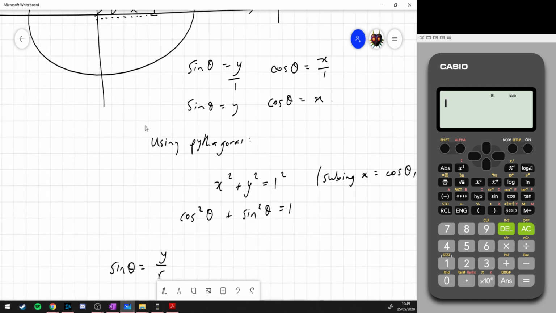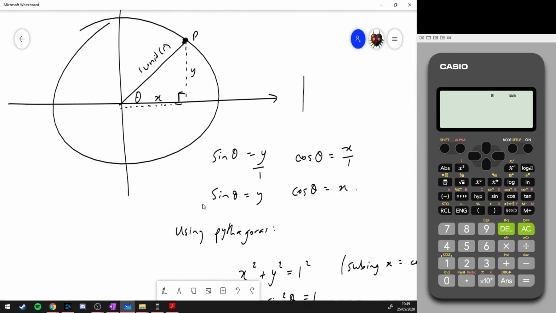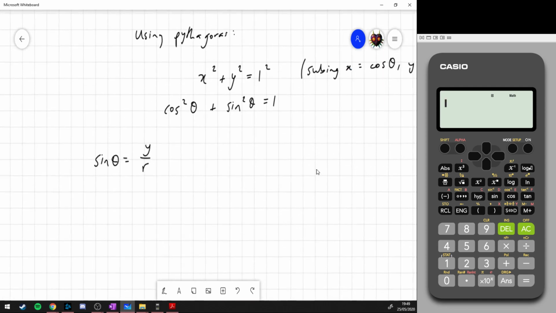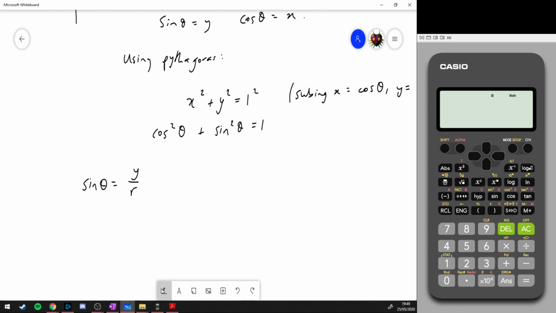So what I'm saying is, instead of this being 1 unit up here now in my circle, we're going to say this is any unit r. So the radius, it's r long. So it could be 2 units long, it could be 4 units long, it could be 100 units long. This is for everything. So the first ones were for just when it was 1 unit long. This is for when it is any unit long.